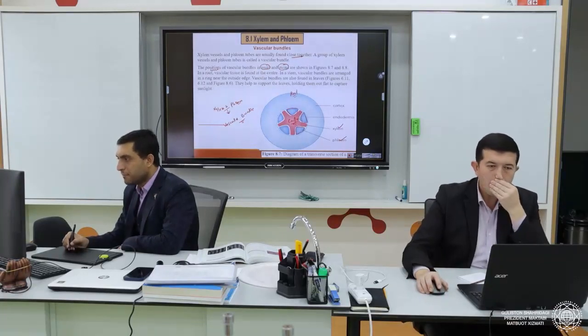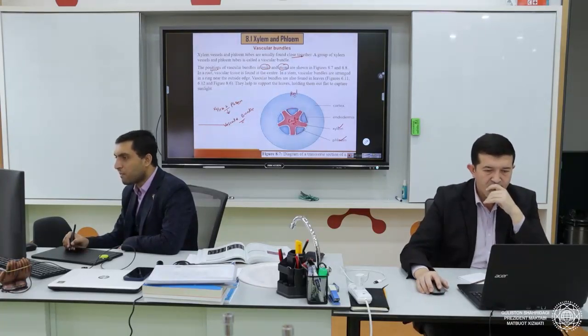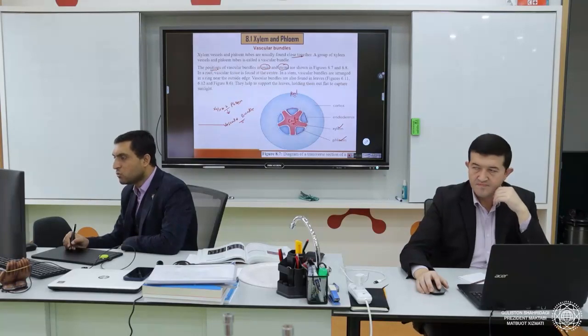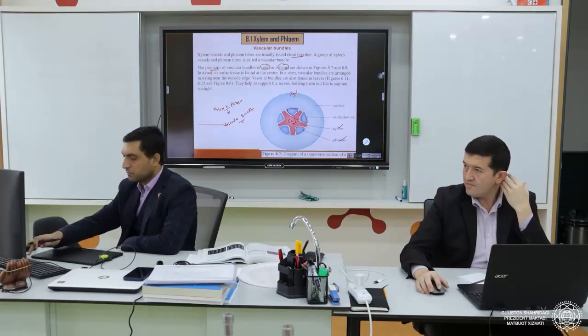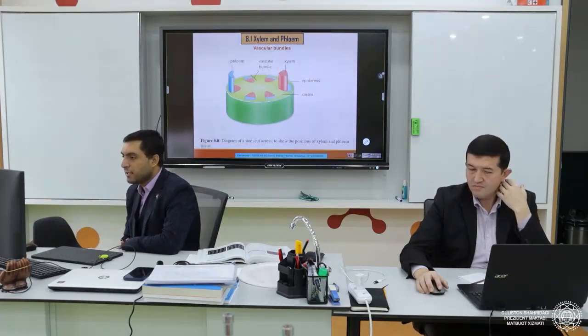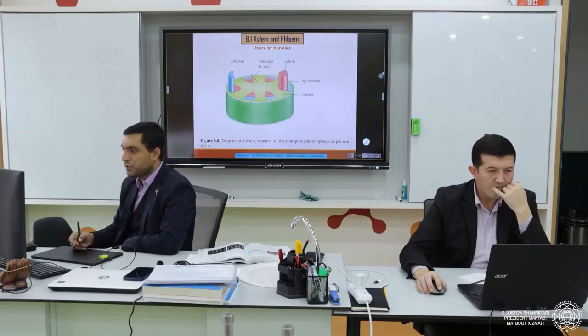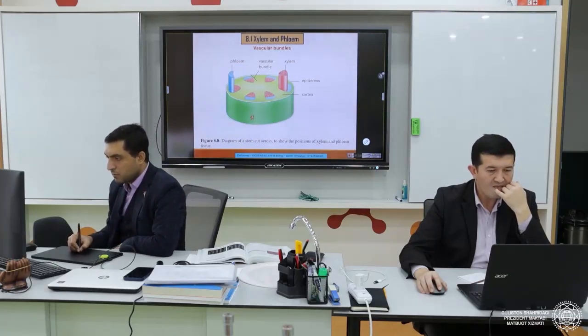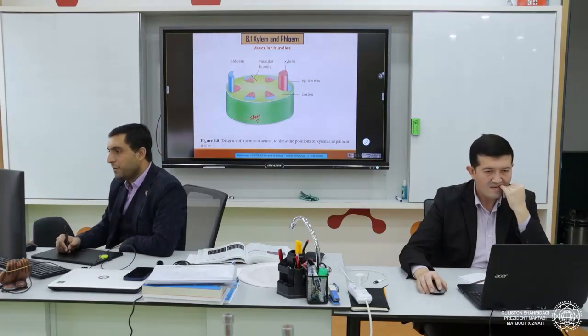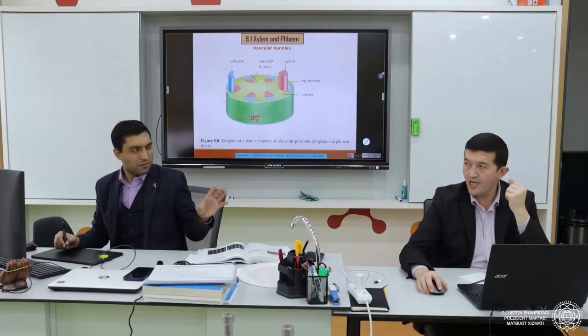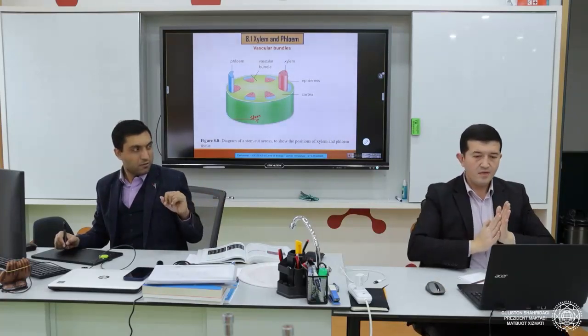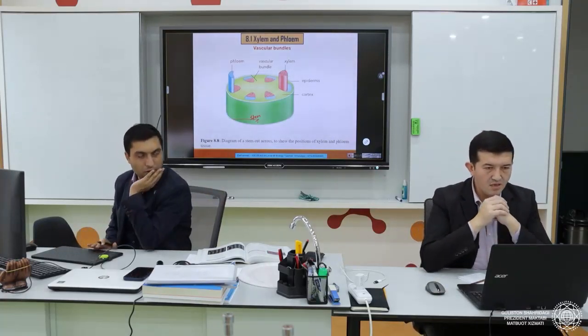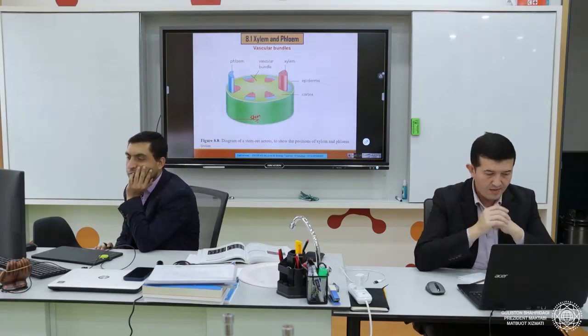But in the stem, these vascular bundles are arranged in a ring near the outside edge. So if you look, this is in the stem. So you see xylem and phloem are on the outside, on the edges.